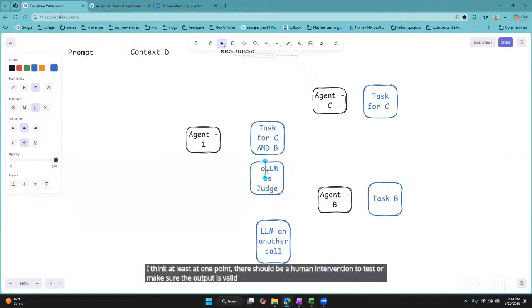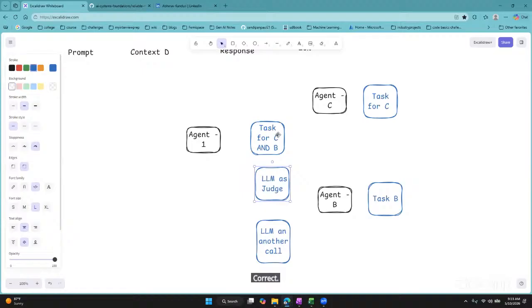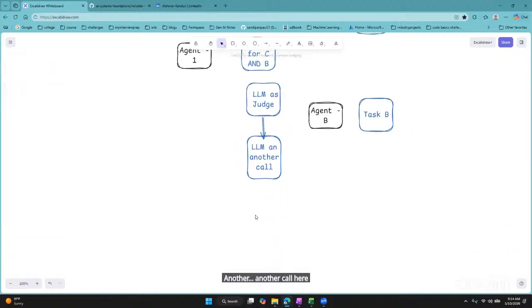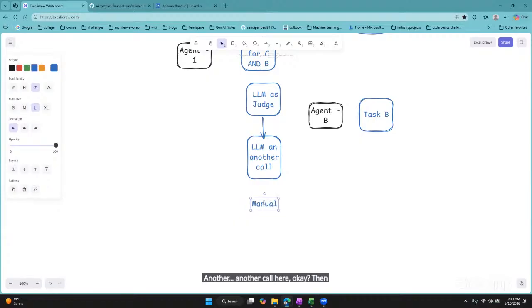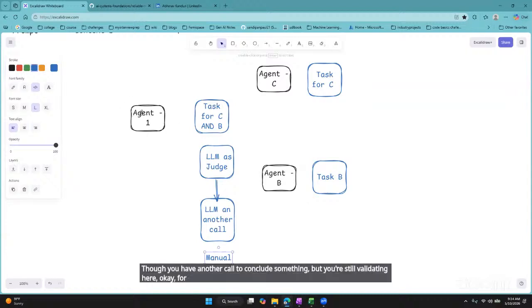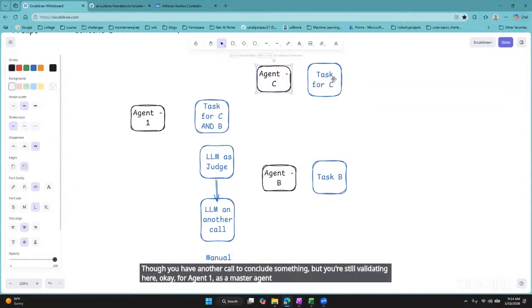Correct. So now you're making another call here, and then you have manual intervention also. Though you have another call to conclude something, you're still validating here for agent one as the master agent. Now, C is shared this task.